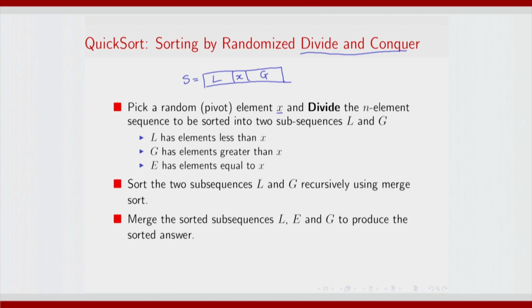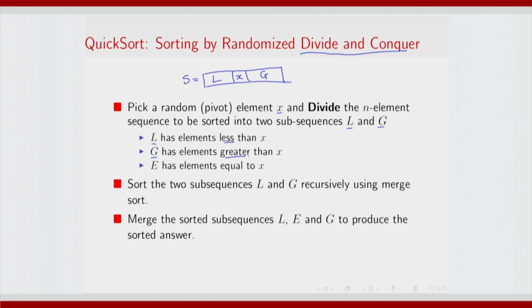So pick a random element x, then divide the n element sequence to be sorted into two subsequences L and G such that L has elements less than x, G has elements greater than x.